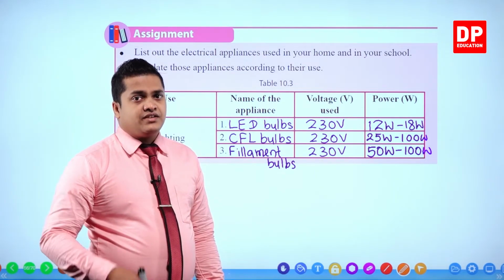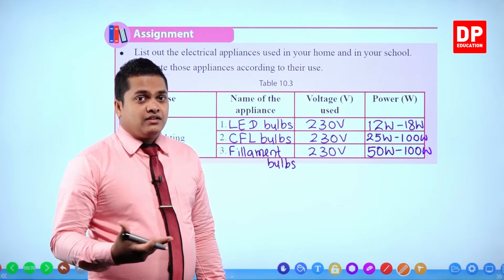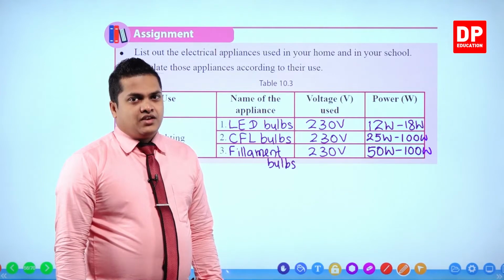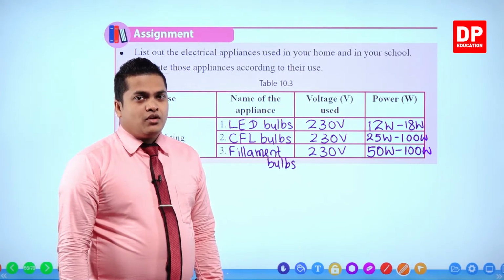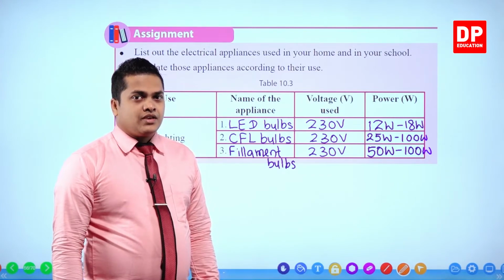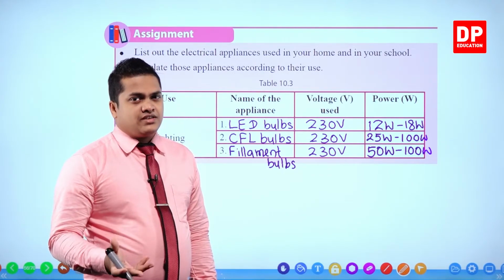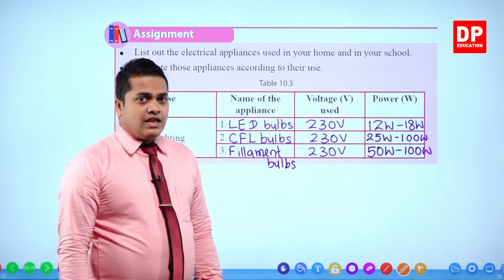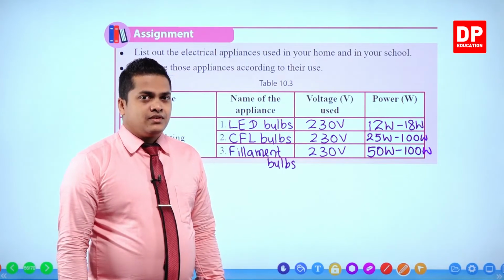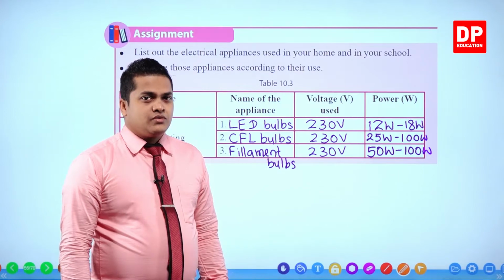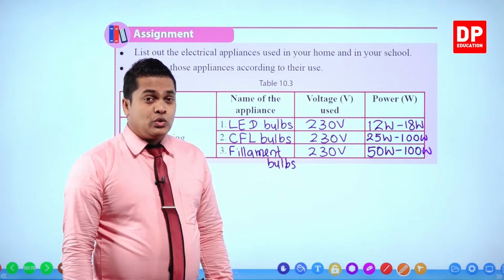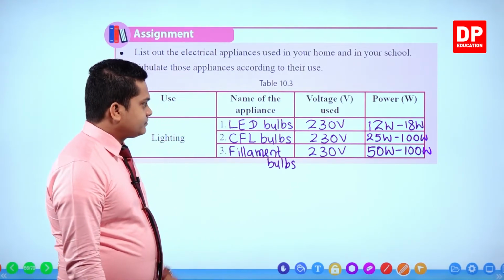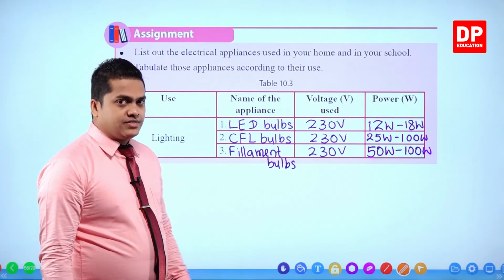Worst means they are eating electricity, wasting too much of it. So at least we have to minimize the use of filament bulbs. It's very wise to use LED bulbs in your lighting systems, in your houses also, because that's going to save a lot of money for your parents. Right then. So these are the lightings.